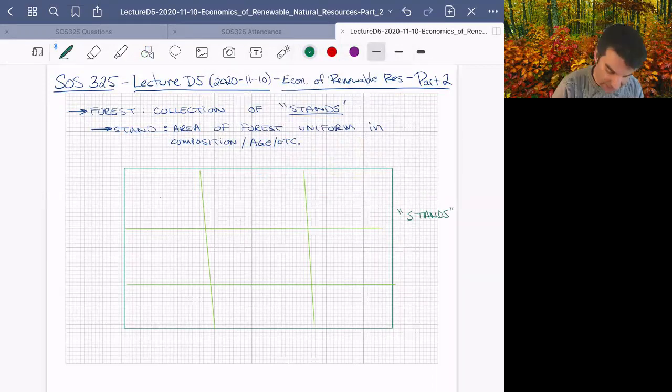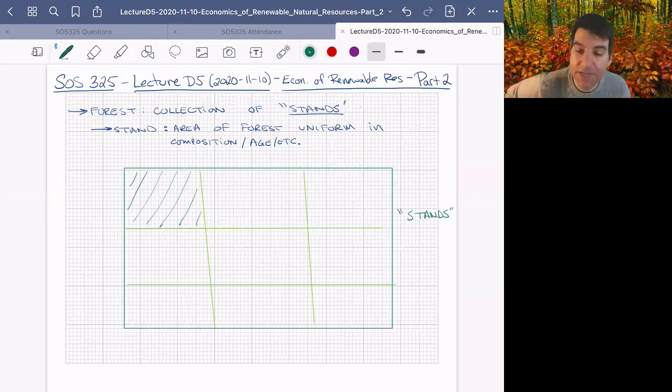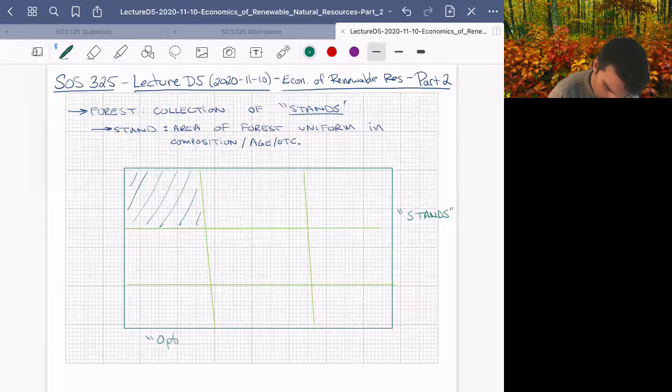Within every stand, you might have trees of the same age, but across stands, they might be of different ages. And so we've been talking about this optimal aging problem, which determines when to cut and regrow.